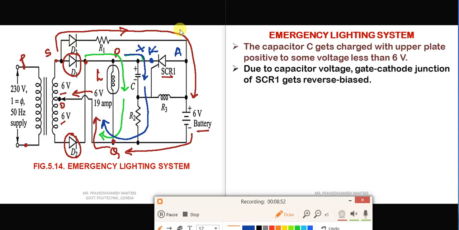And why is this voltage there? Because of this capacitor's charge. So the voltage developed across this capacitor will reverse bias the SCR.